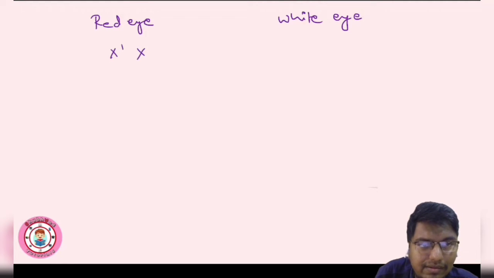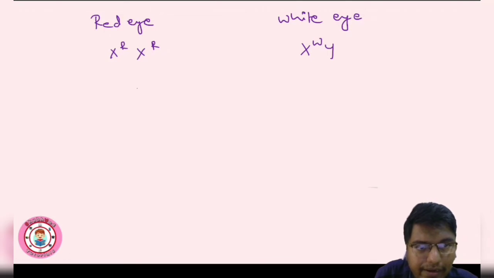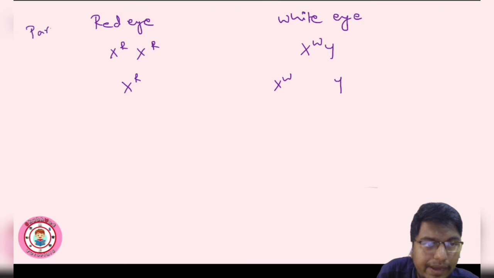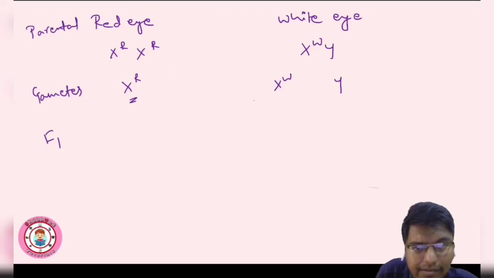This is capital R, this is also capital R, and here XY, but it's a W. Now this will always give XR, and this will give gametes. Okay, parental generation, these are gametes, and now we will see the F1.